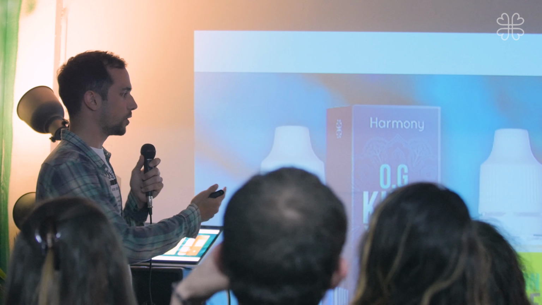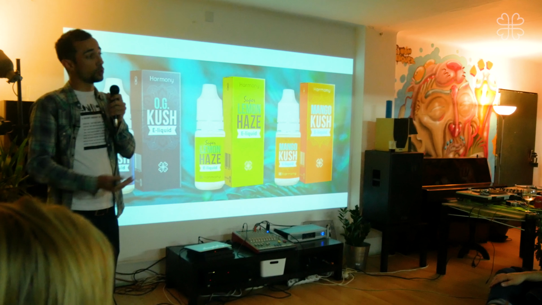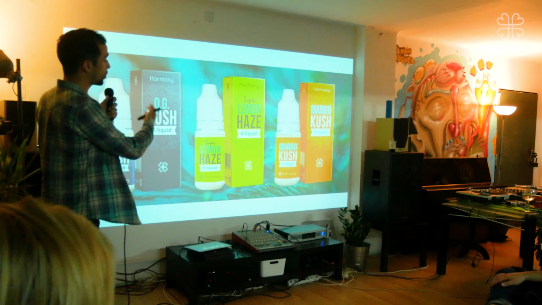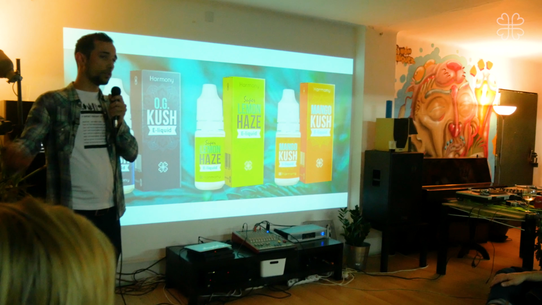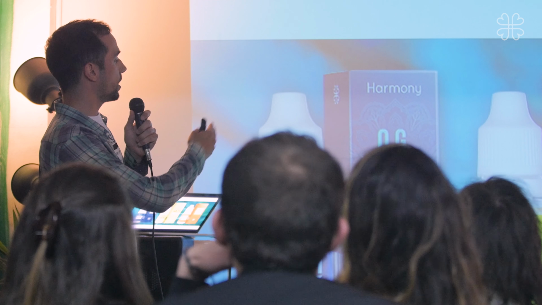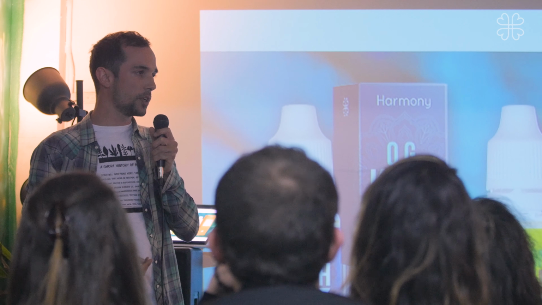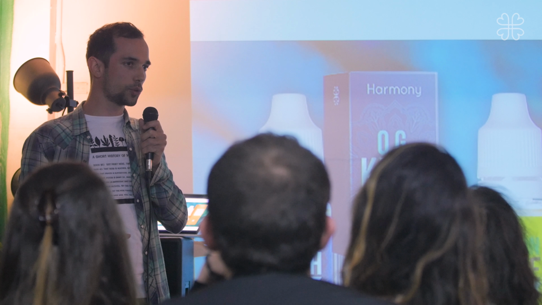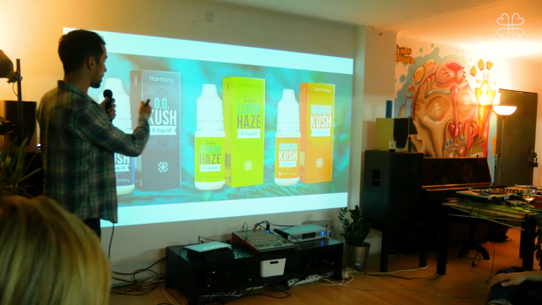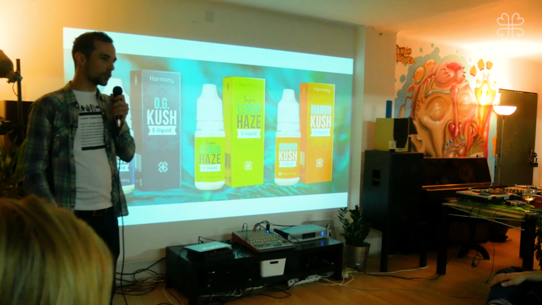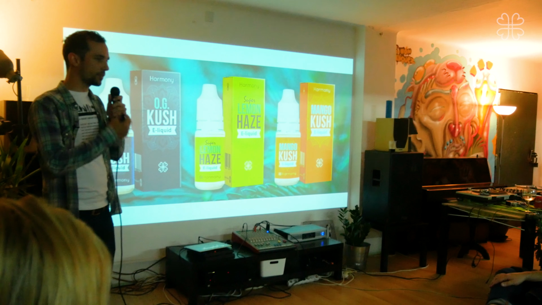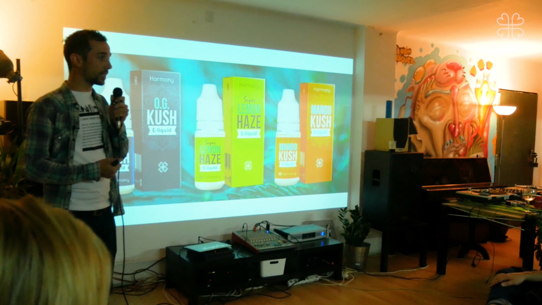In this e-liquid, you have also some CBD, but you don't have THC. So it doesn't get you high, it gets you relaxed, and you have a good flavor. We use full spectrum, and we've been working very hard to make sure we have more than 25 terpenes in each of these bottles, so we can create the best taste possible. It's very deep, and also we can have the full potential of the terpenes.